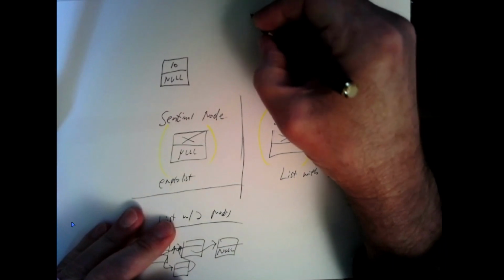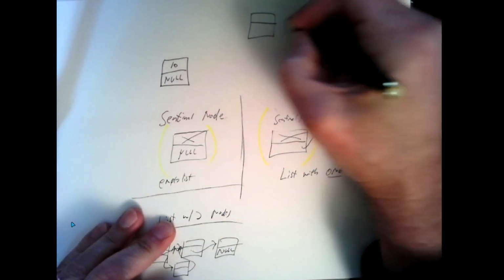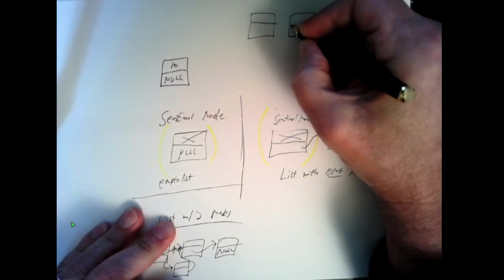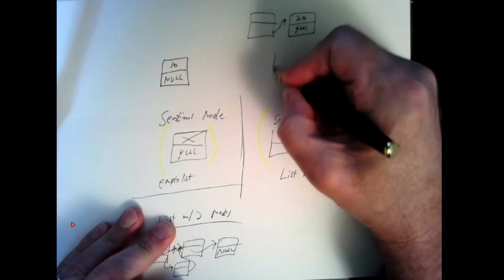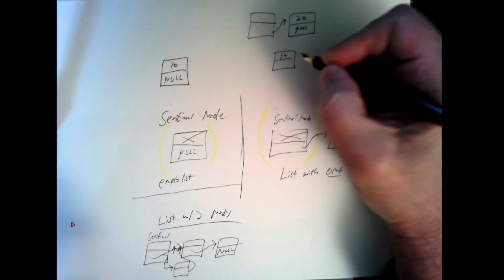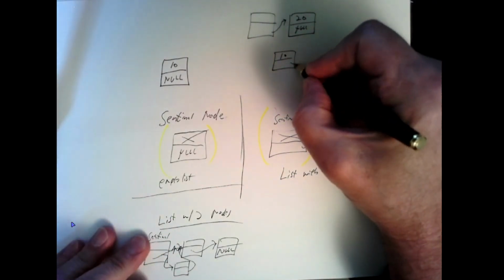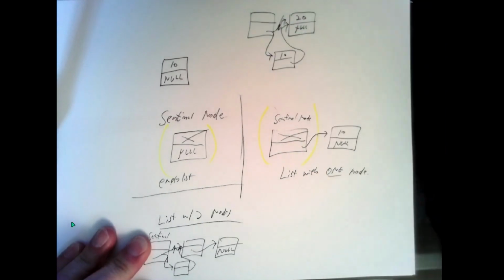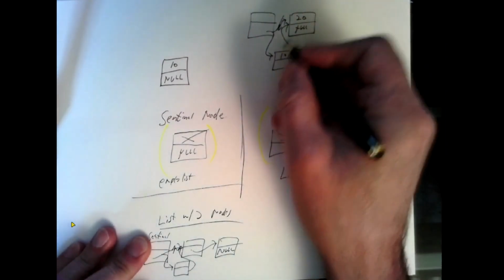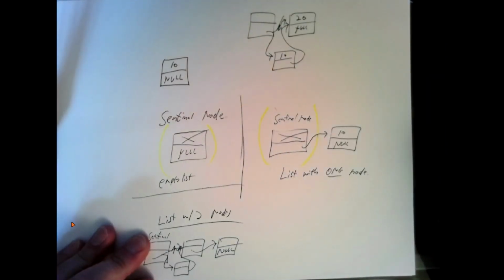So if we have a Sentinel and we have a list containing 20, and we're putting in a new node 10, we'll have the new node point to the first node and have the Sentinel point to our new node. So now this is inserted in the beginning of the list.